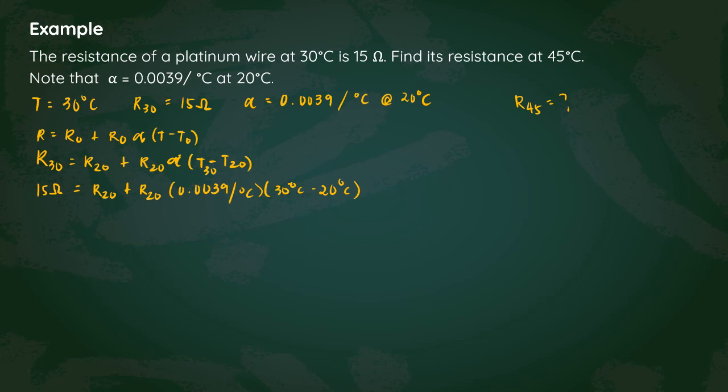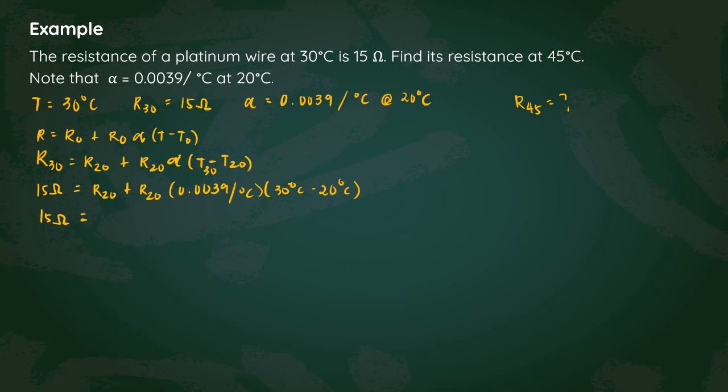So what will be the equation now? 30 minus 20 degrees Celsius is 10 degrees Celsius. Then you multiply it with the temperature coefficient. Then you have 1 plus this quantity.